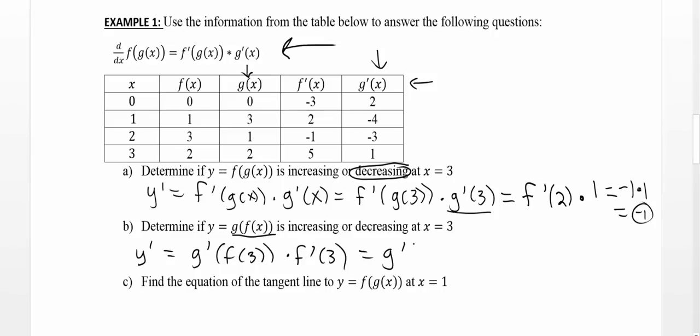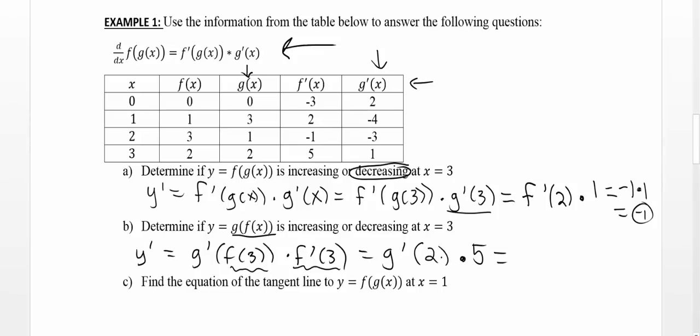So I have g prime, and now I'm going to look up f of 3. So f of 3, I go to my f column, I go down to the number 3, and I get 2 as my value, times, now f prime of 3, I need to go to the derivative column, f prime of 3 is going to give me a value of 5. And I have to keep going because I still have more things to look up.